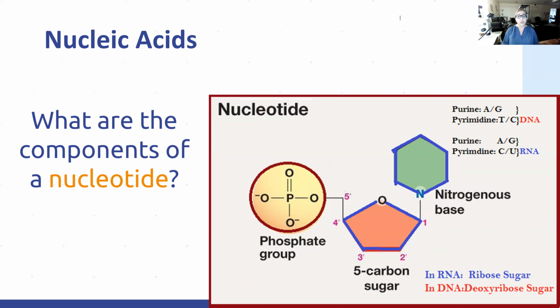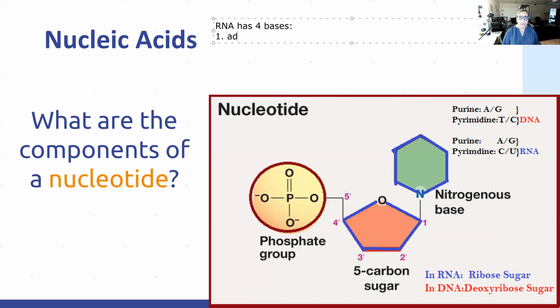Now, I was asking you the differences between DNA and RNA. Remember, RNA is made up of nucleotides as well, because they are both nucleic acids. But one difference between RNA and DNA is with the bases. RNA also has 4 bases, and 3 of them are the same as DNA.